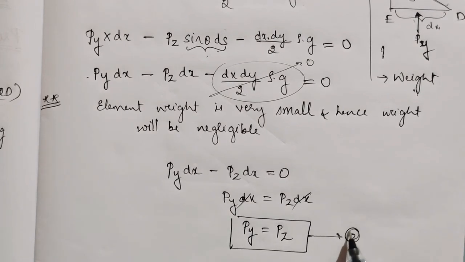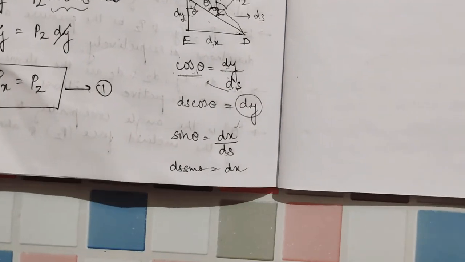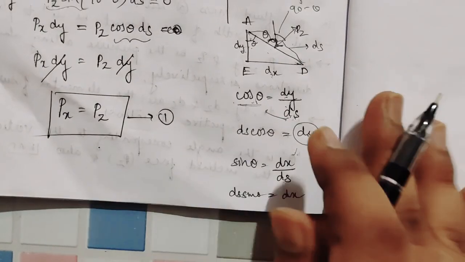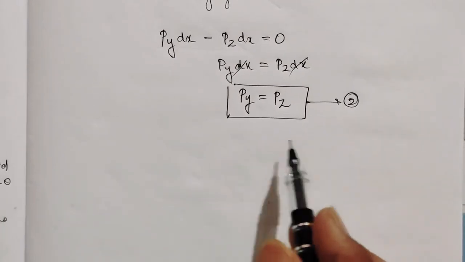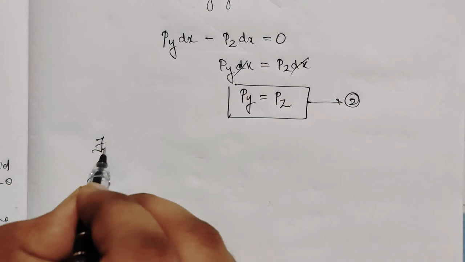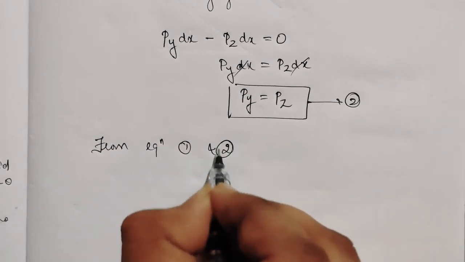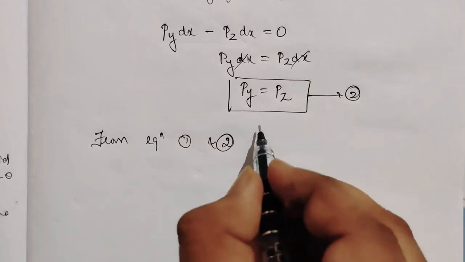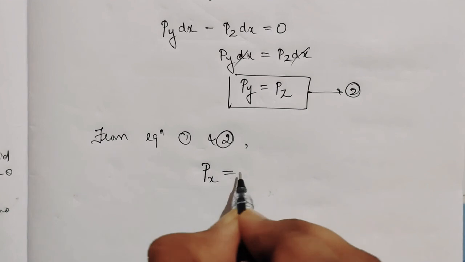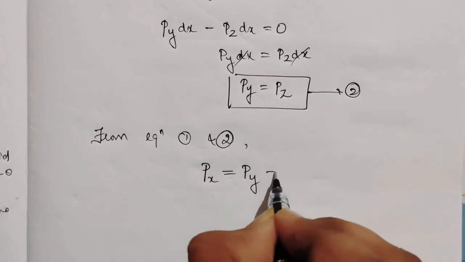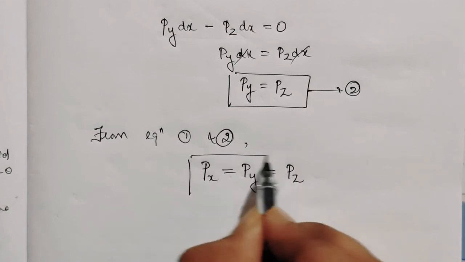Equation number 2. Equation 1 is px is equal to pz. Equation 2 is py is equal to pz. Now from equation 1 and 2, what can we write? We can write that px is equal to py is equal to pz. So what does this tell us?